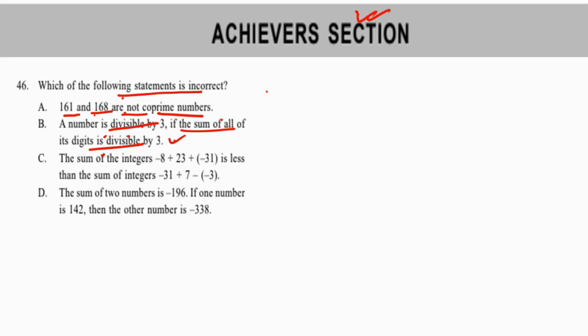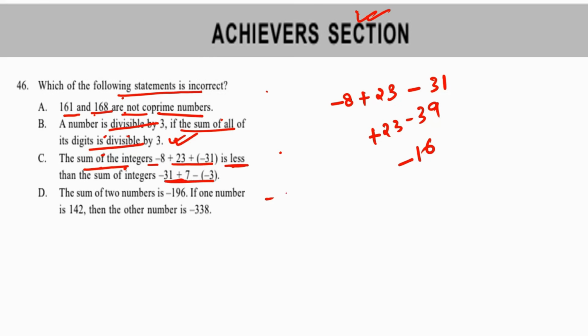This is also correct as per the divisibility rule of 3. The third one, the sum of the integers minus 8, plus 23, plus minus 31. So it's basically positive 23 minus 39. Positive 23 minus 39 is a negative 16. Okay, that should be less than the sum of these. Minus 31 plus 7 minus plus 3.